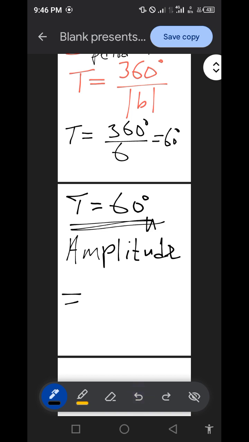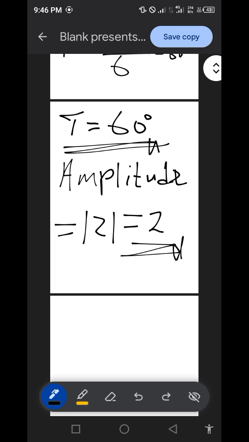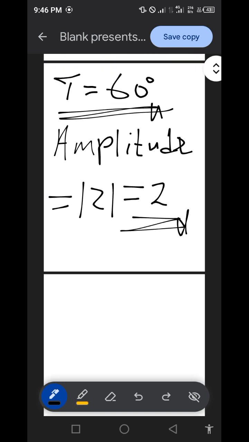So we are saying modulus of 2. Now this is already positive, so even if we put modulus, it's going to be 2. Then next we do the shifts.